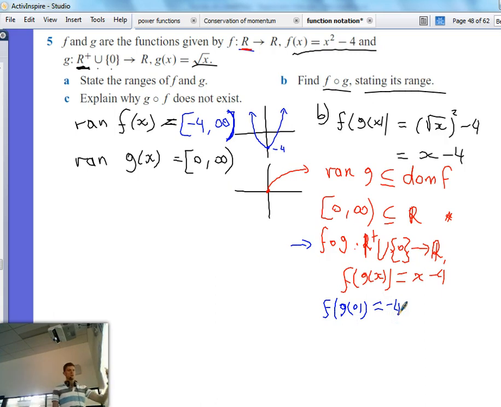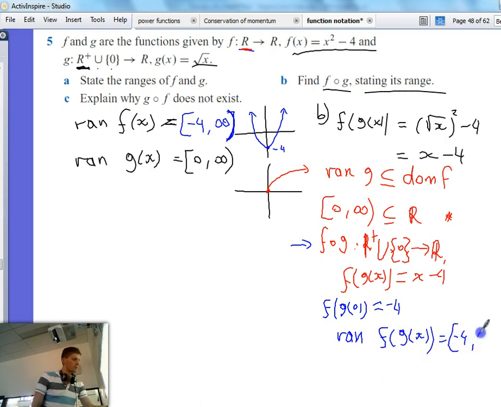And the largest possible x value is up to positive infinity, which gives you a corresponding y value of infinity as well. So our range of f of g of x goes from negative 4 right up to positive infinity. There's our range.